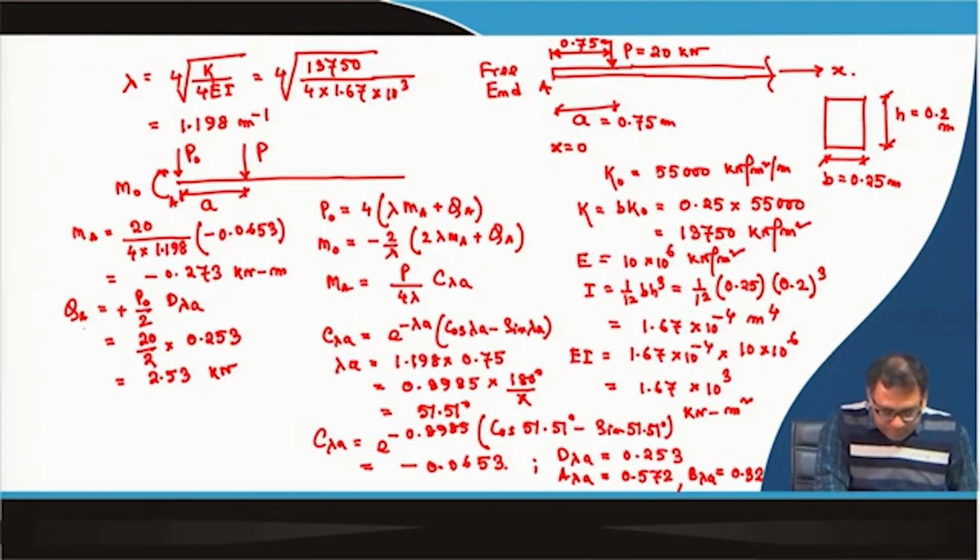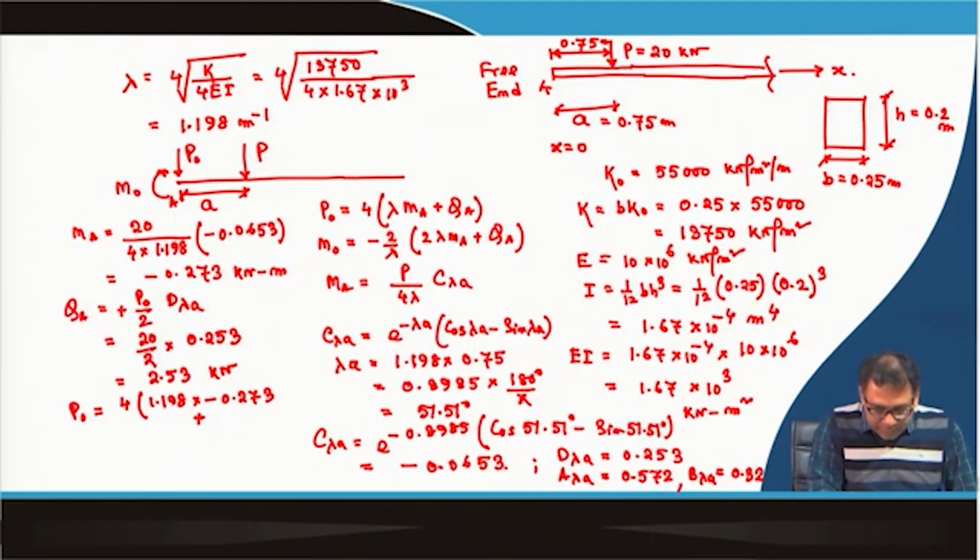So, now P0 will be equal to the P0 expression. If I put this value, this will be 4 into lambda, lambda is 1.198, then MA is minus 0.273, then plus QA. So, QA is 2.53. So, this value is 8.81 kilonewton.